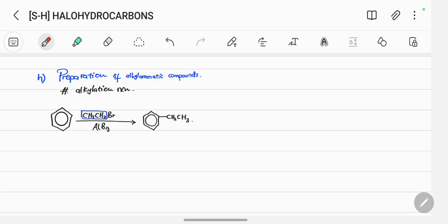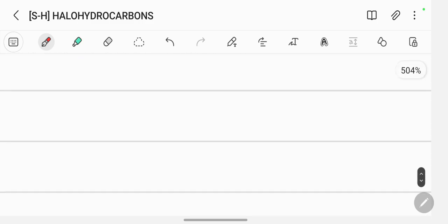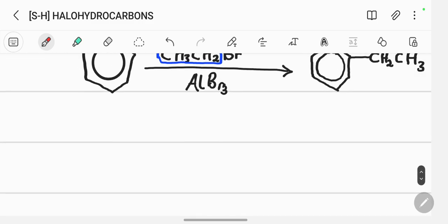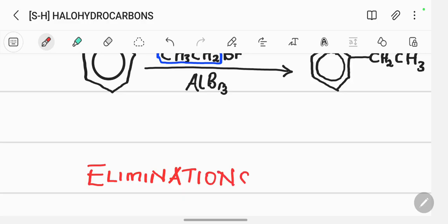So we are still moving on with the reactions, but we've moved on to phase 2, which is elimination reactions.